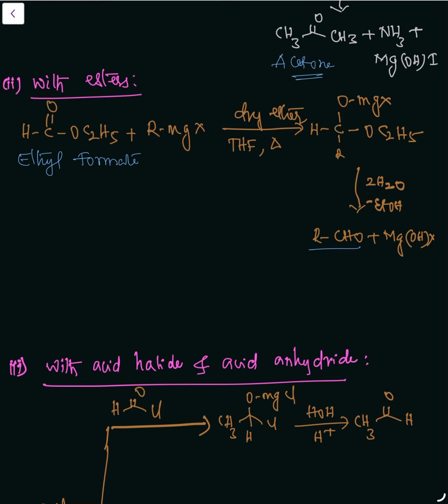So how does the reaction take place? Let us see. Here I will add a water molecule, HOH. 2 moles of water are added, right? One more mole is added at this place, that is C2H5OH.